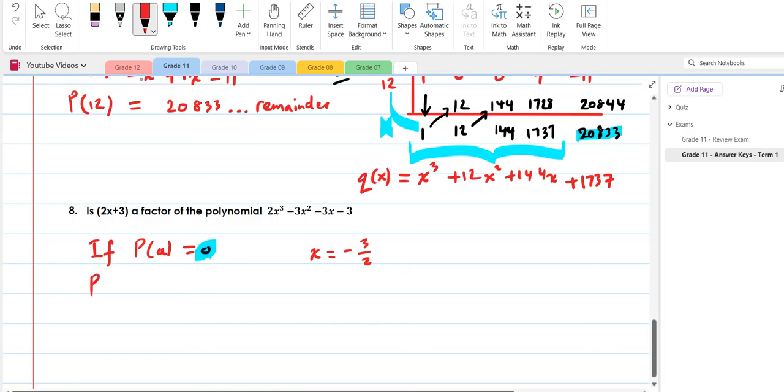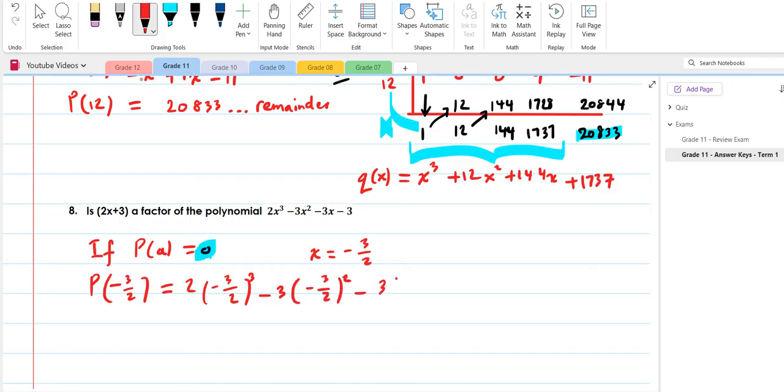So I will say the polynomial evaluated at minus 3 over 2 is equal to 2 into minus 3 over 2 cubed, minus 3 into minus 3 over 2 squared, minus 3 into minus 3 over 2, minus 3. All we did was substitute negative 3 over 2 in the place of x in the polynomial function. Now let's check if we get an answer of 0.